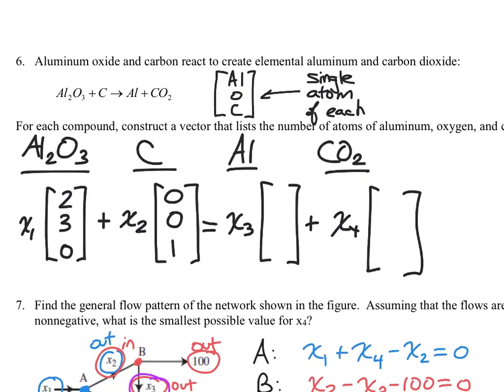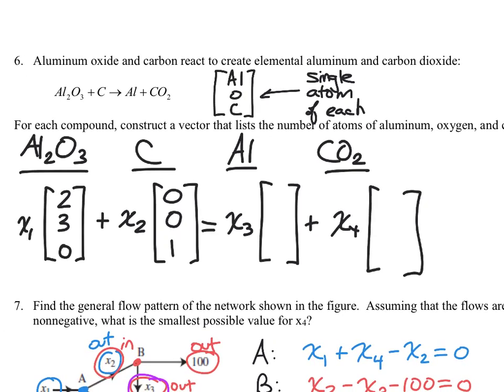The idea being that if I could figure out what x1, x2, x3, and x4 are, not only will I have the structure that allows it to be a balanced equation, but I'll also have the means by which I can set up a linear system and come up with a solution using my calculator. So I have 1 aluminum and nothing else. And then for the carbon dioxide, I have no aluminum, 2 oxygen, and 1 carbon.